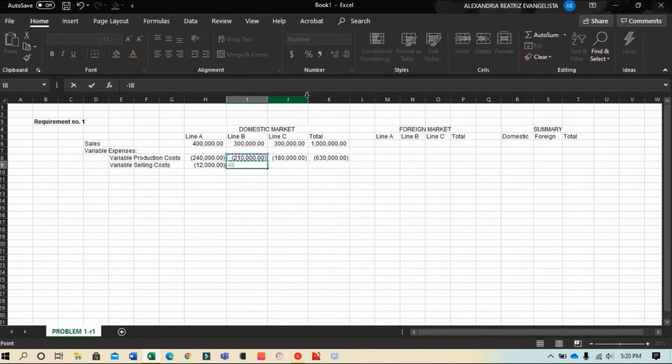And then for line B, it is 1.5% of sales, which I'm going to show a clip here on how I got the 1.5%, because based on the data given a while ago, it is unknown.